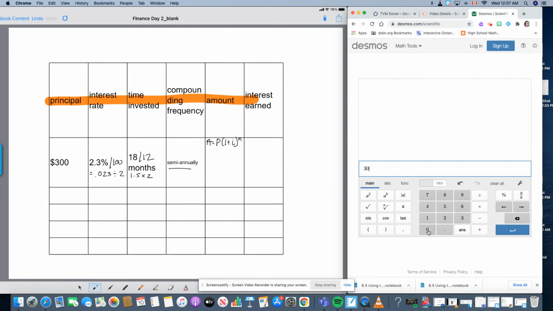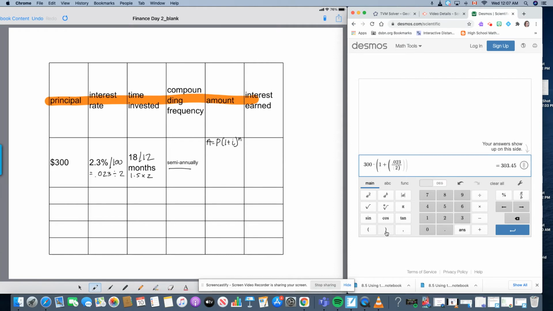So we have 300 times 1 plus, and I want you to just keep this in this form, it's going to make it easy for you, that 0.023 divided by 2 for that semi-annually.